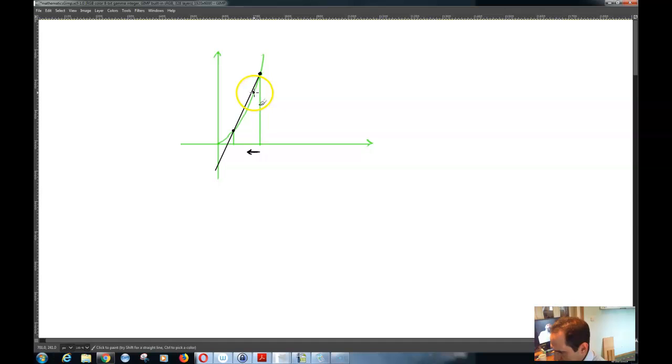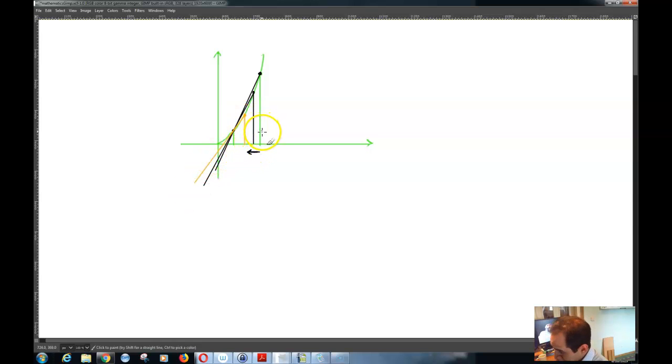The average velocity between these two points would be the slope of this line. Then we got a little bit closer, and again the average velocity between these two points would be the slope of this line.